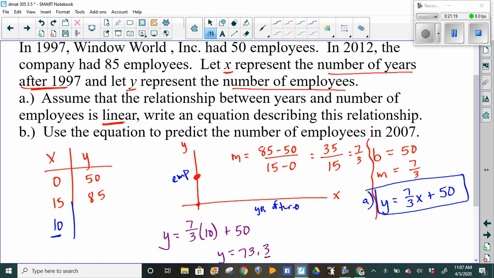Well, obviously we can't have 0.3 employee. So it's just going to be 73, okay? Because you can't have a partial employee. So when we began, we had 50 employees. 10 years later, we had 73. And then 5 years after that, we had 85.